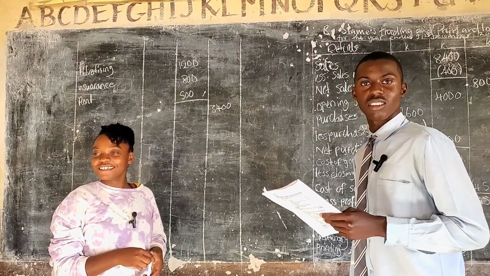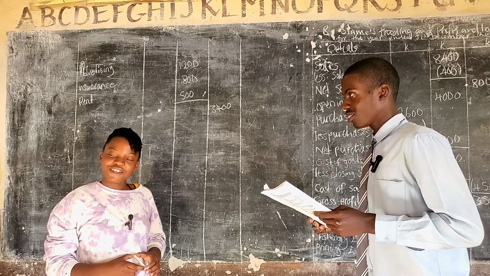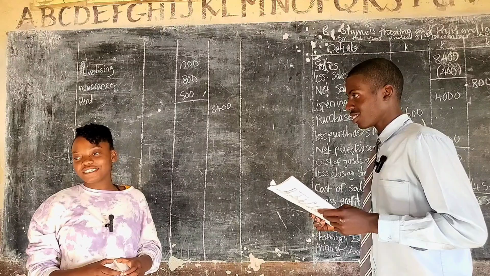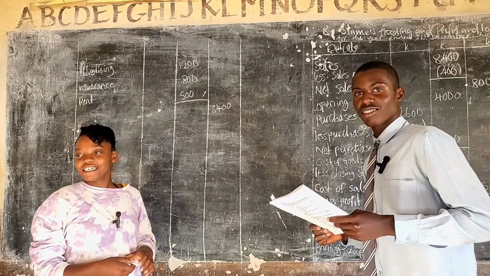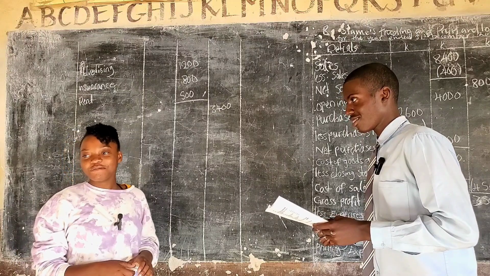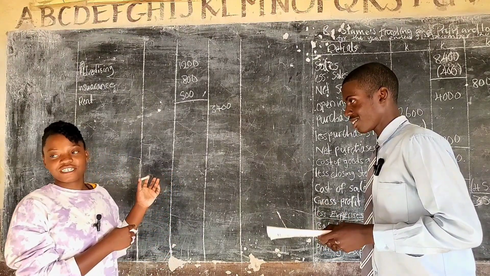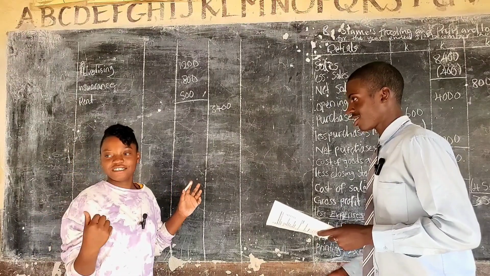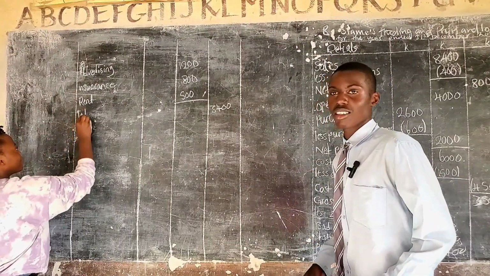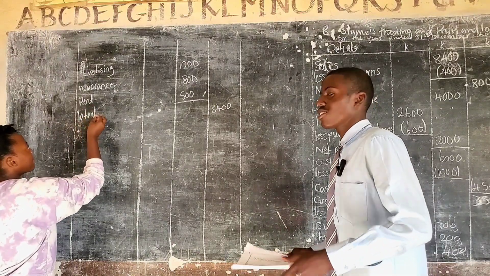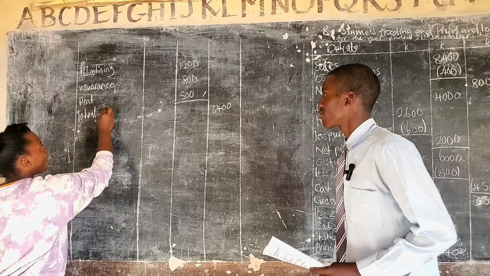Yes, Samantha? What about the bank overdraft? Is it an expense? No, bank overdraft is a liability. It goes to the balance sheet. Please don't make the mistake of adding bank overdraft on the trading profit and loss account.